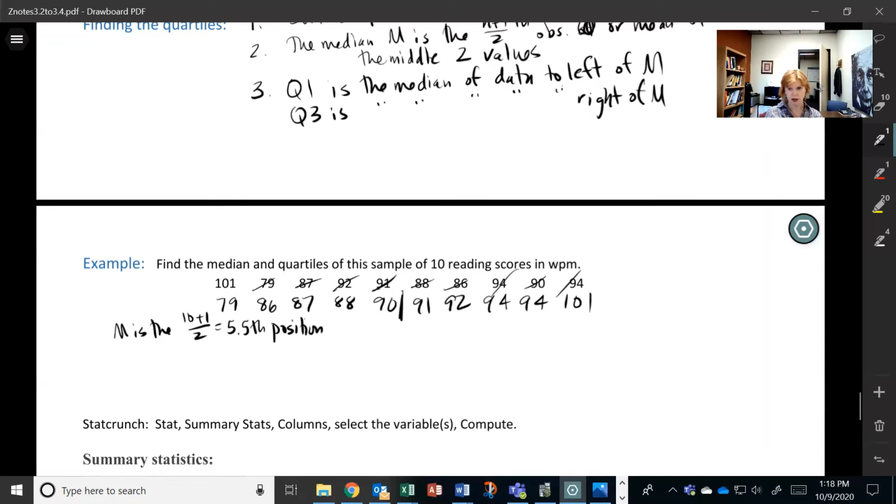So my median is the mean of these two. So this is (90 plus 91)/2, which is 90 and a half. And these are reading speeds, so this is 90.5 words per minute.